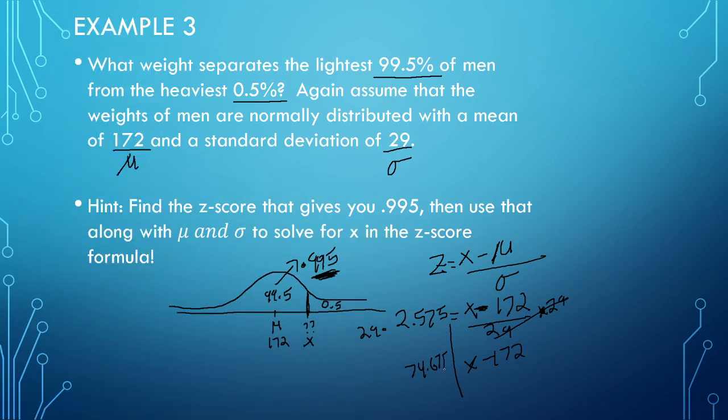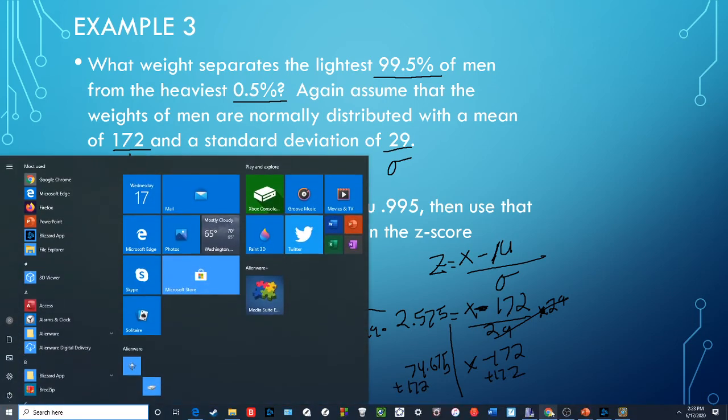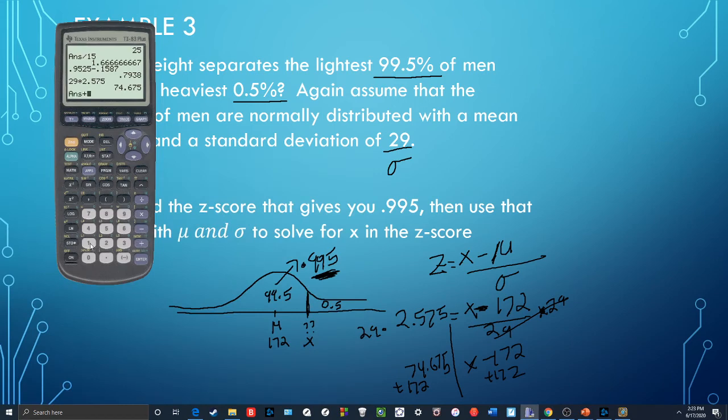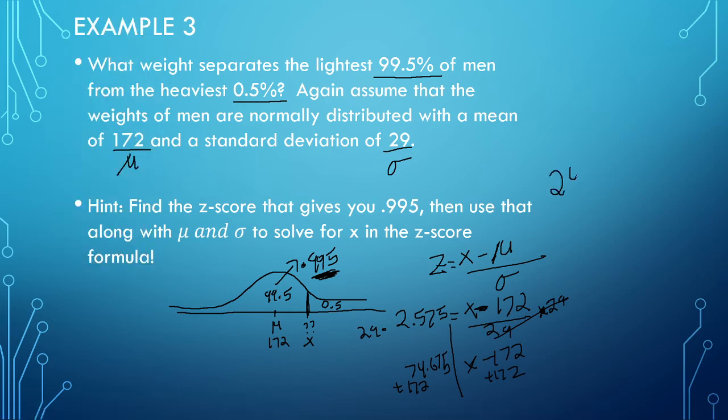I saw it right, but read it wrong. We add 172 to both sides, and we end up getting 246.675. So 246.675 is equal to x.